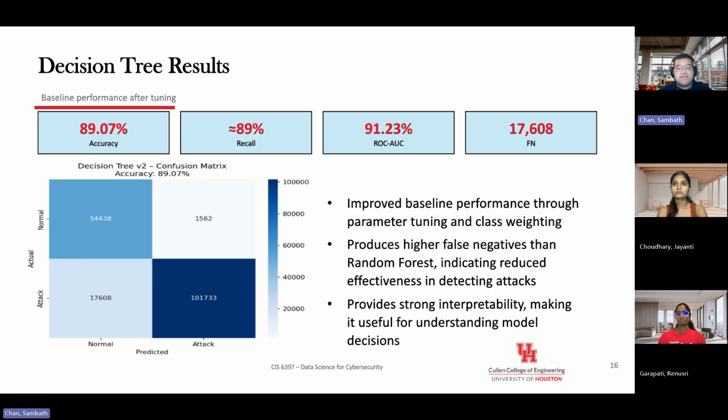It still produces the highest number of false negatives, meaning many attacks are not detected. While the model is interpretable, its detection capability is weaker compared to the random forest. Overall, it is useful for understanding behavior, but not ideal for deployment. Let me go to the next slide.